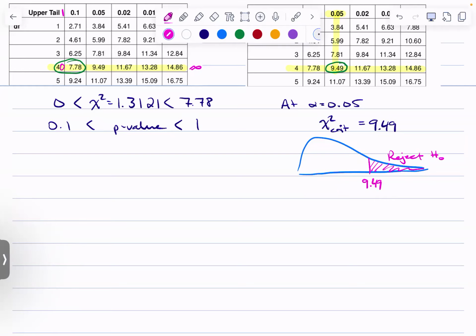Okay? Not up until that point. Okay? We found our chi-squared was somewhere here, 1.3121, which means I don't reject H0, right? But you want to compare that calculated chi-squared to the critical value.